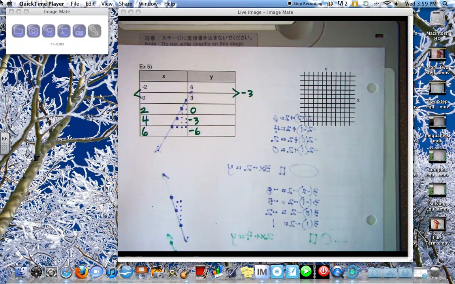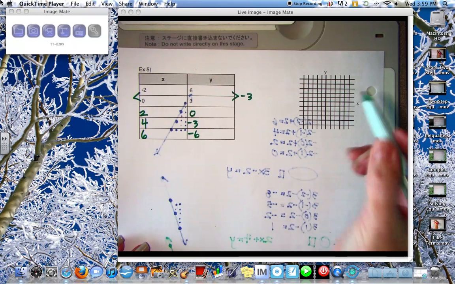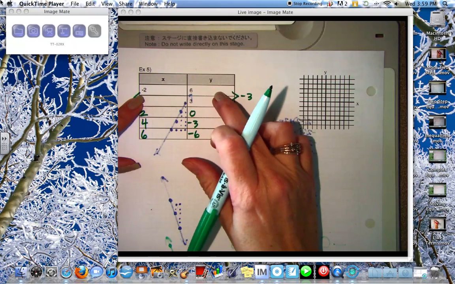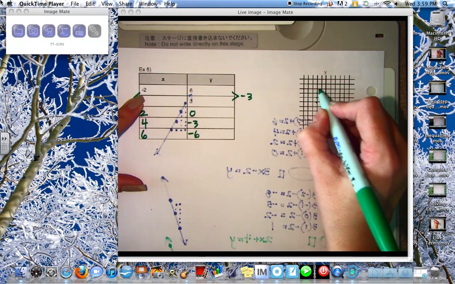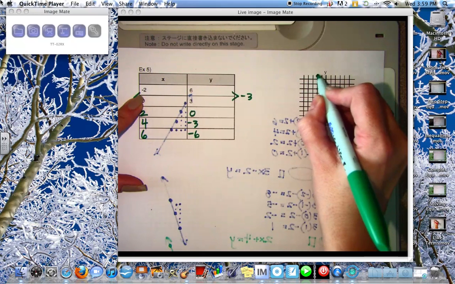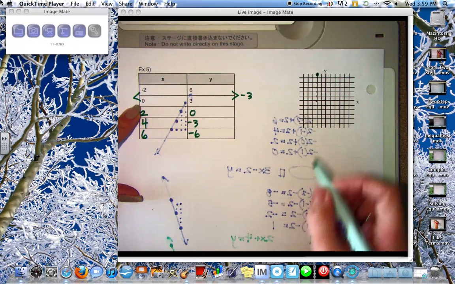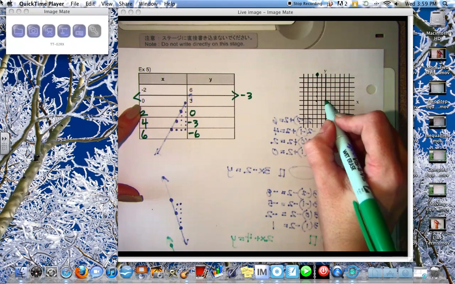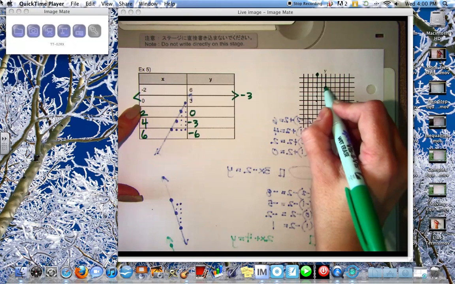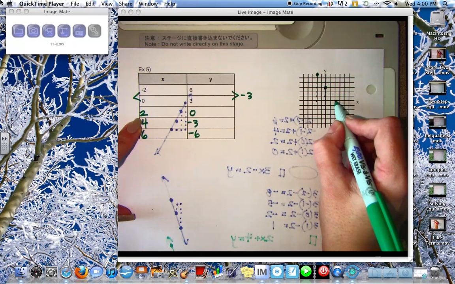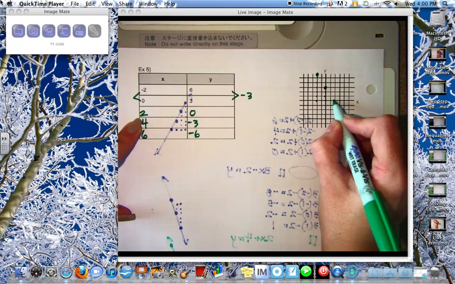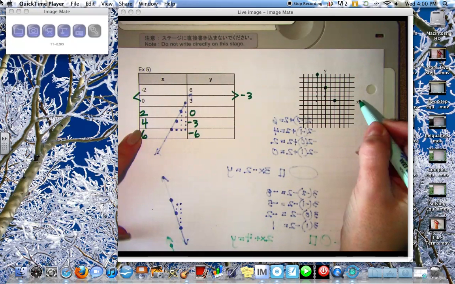So let's see if we've guessed correctly on the pattern by graphing the ordered pairs. We have negative 2 and 6. So we go over 2 and up 1, 2, 3, 4, 5, 6. Next is 0 and 3. So 0, 1, 2, 3. Next we have 2 and 0, so over 2 and up 0.